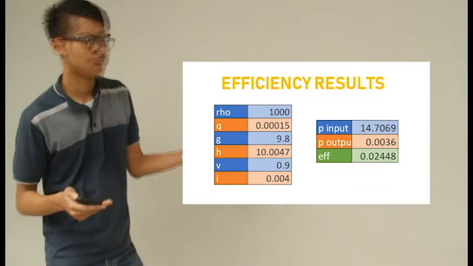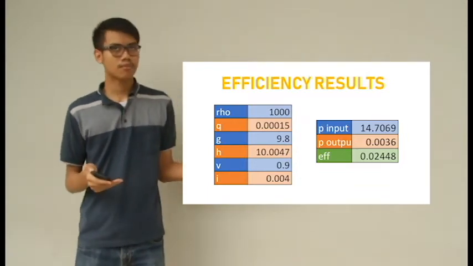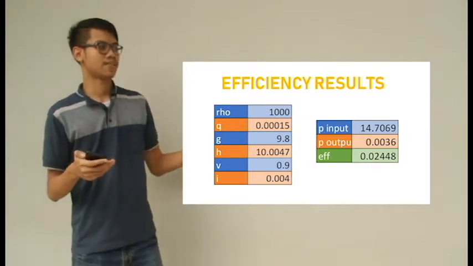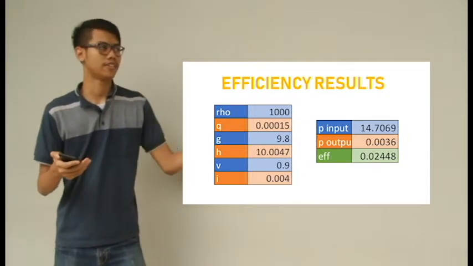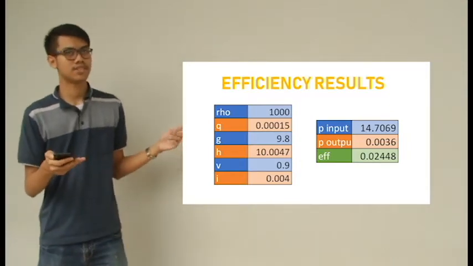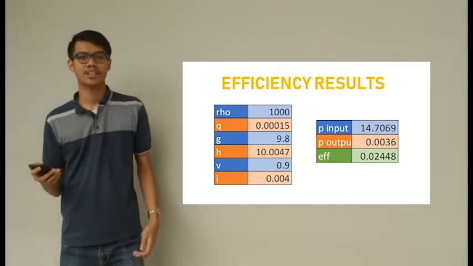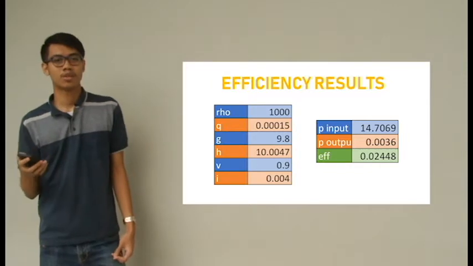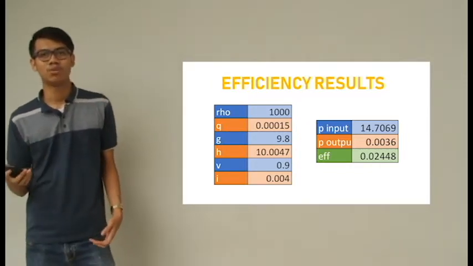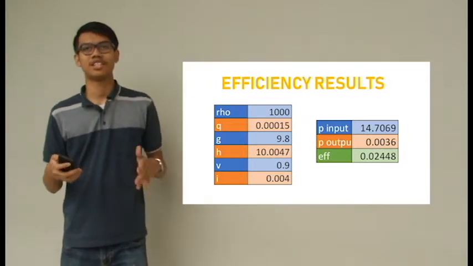As we can see from this graph, the calculation multiplies all of the factors here, and then we get the final value of the efficiency. The total efficiency is 0.024%. It is relatively low because it is not as we expected.